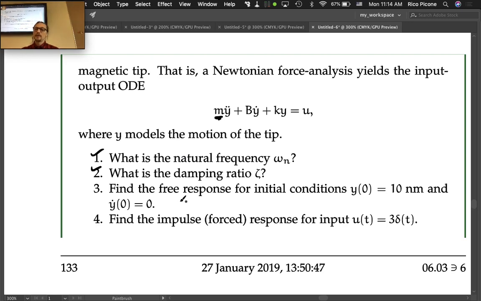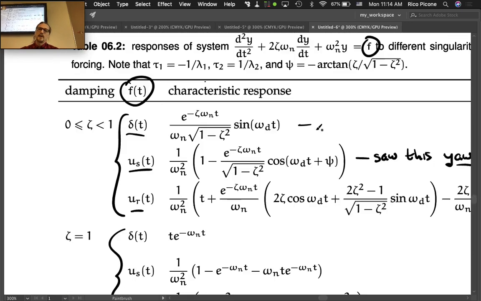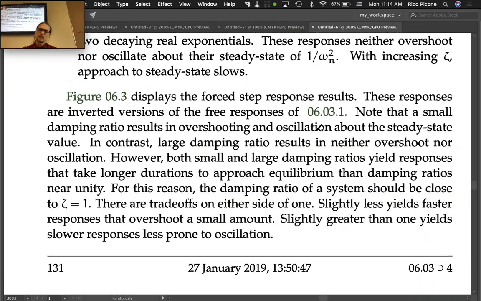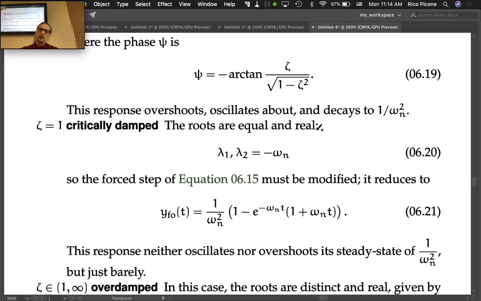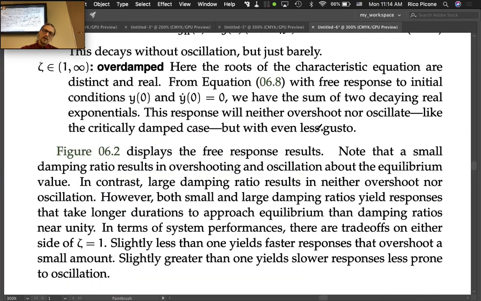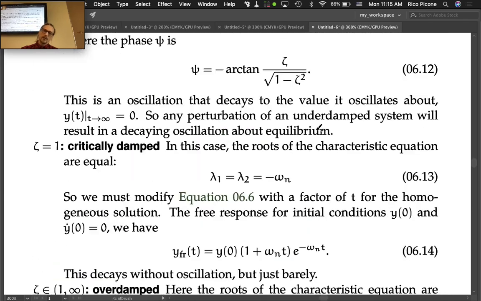So for the free response, we developed a free response solution up here, right? These are all forced response, all the way back up here.